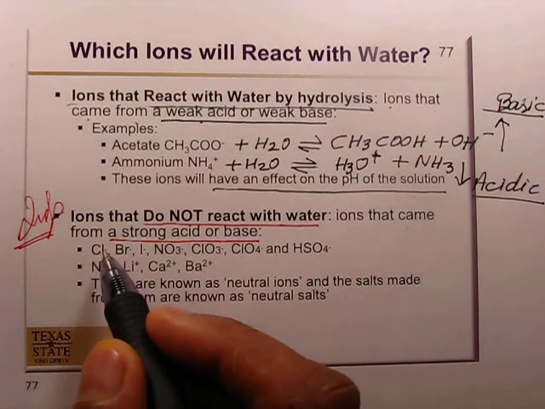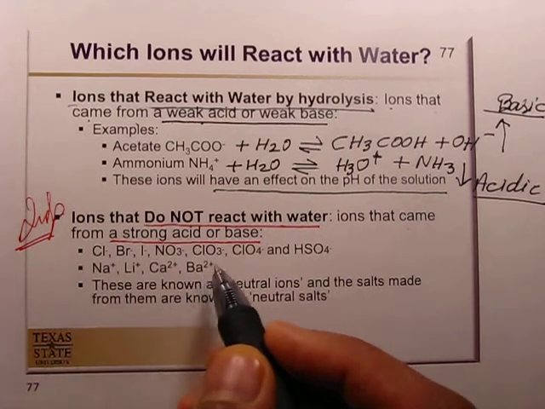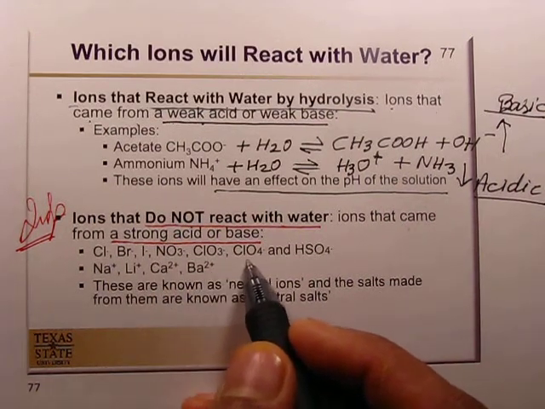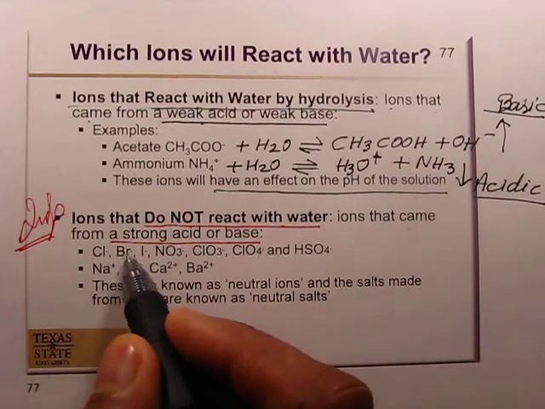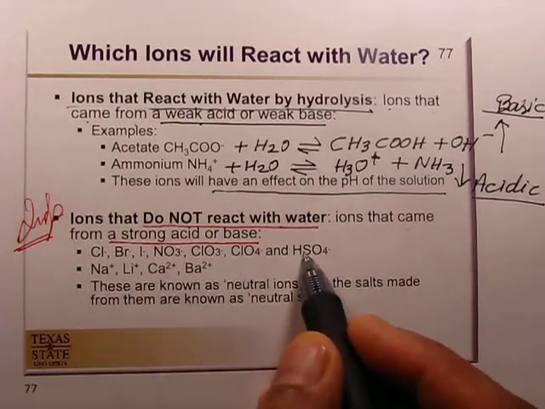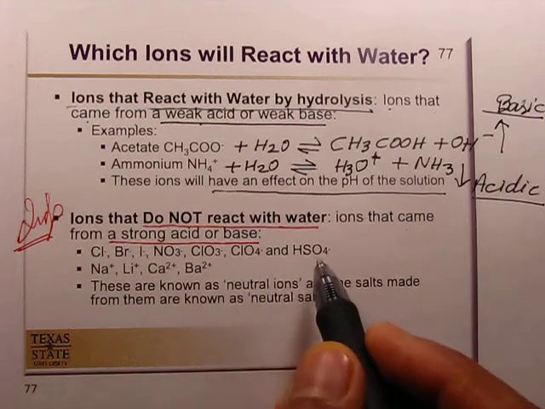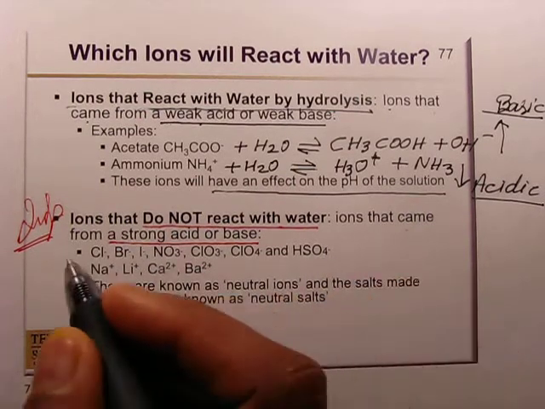For example, chloride, bromide, iodide, nitrate ion, chlorate ion, perchlorate ion, sulfate, bisulfate ion. So 1, 2, 3, 4, 5, 6, 7. These are the 7 ions which come from the 7 strong acids.